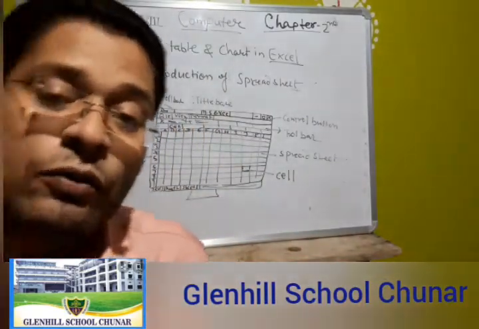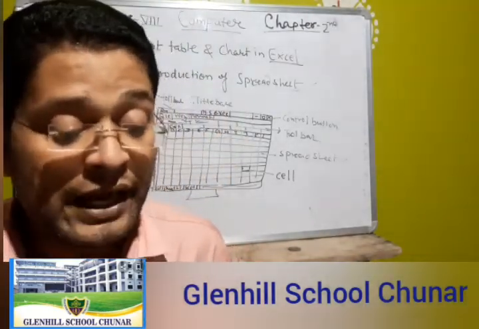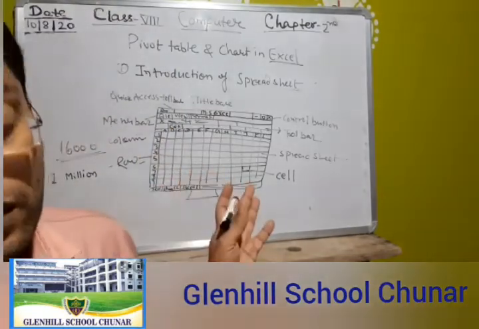So only a small fraction of columns and rows are visible on the screen at one time.